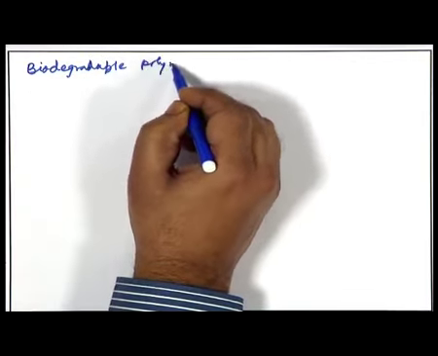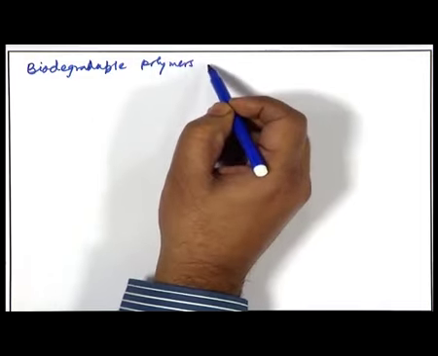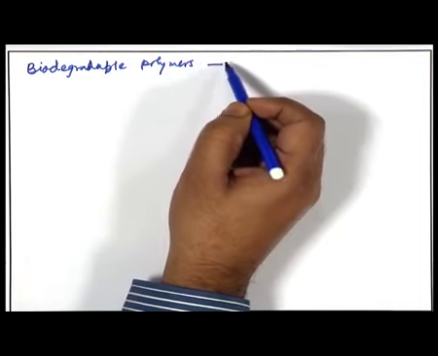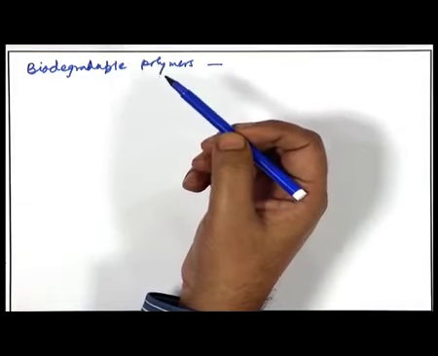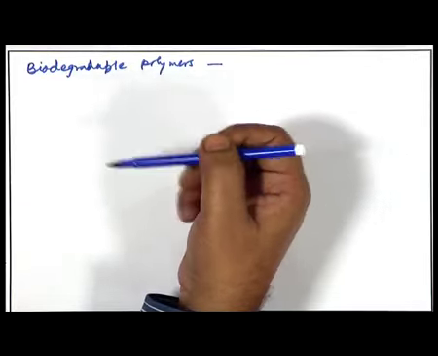When we talked about polymer preparation and uses, the last step is very critical because polymer waste is becoming a problem. Managing polymer waste which is not degradable by environmental conditions is becoming a problem. If we can develop new biodegradable polymers, it will be easy for us to handle this polymer waste.